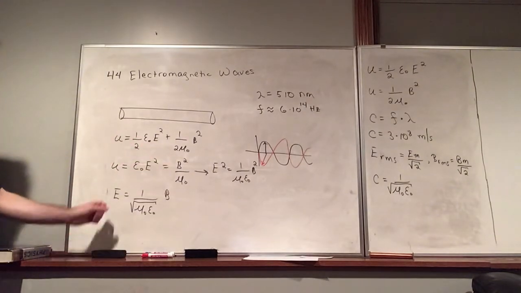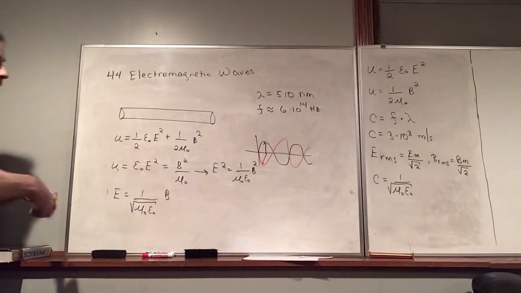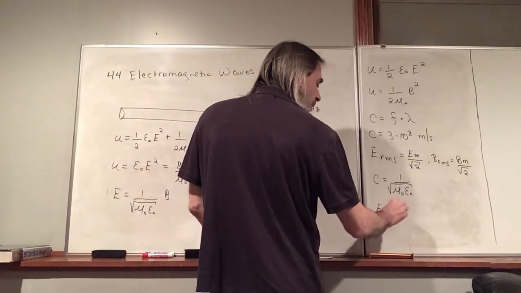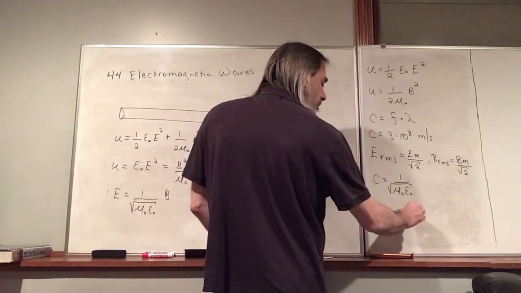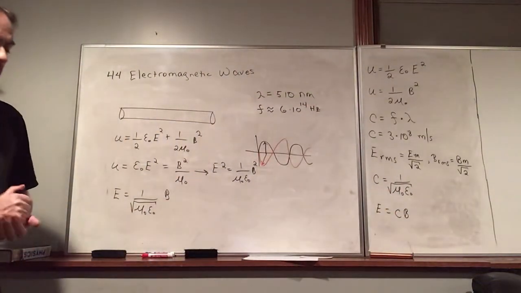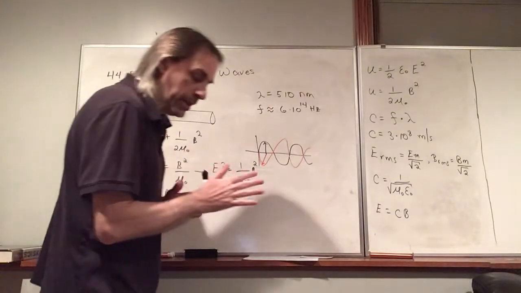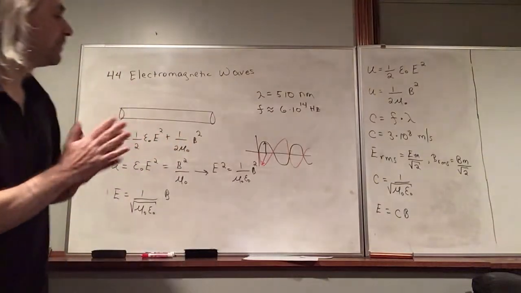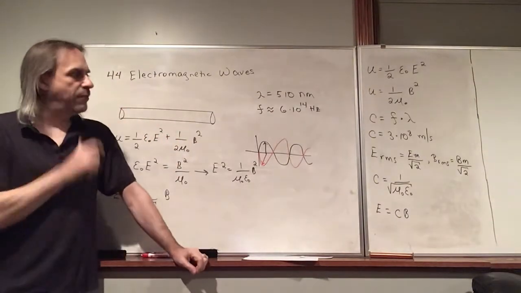It also leads to this result, I'll write the final result down here, that the electric field is equal to the speed of light times the magnetic field. So I think that's all we need for this topic, but kind of a short one.